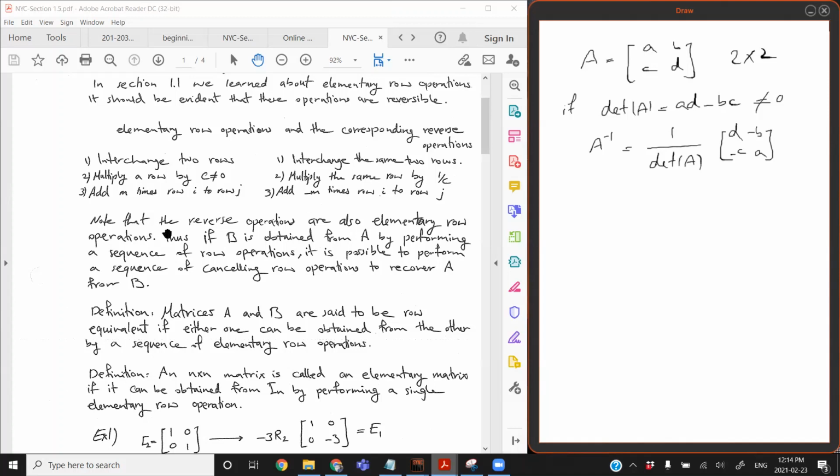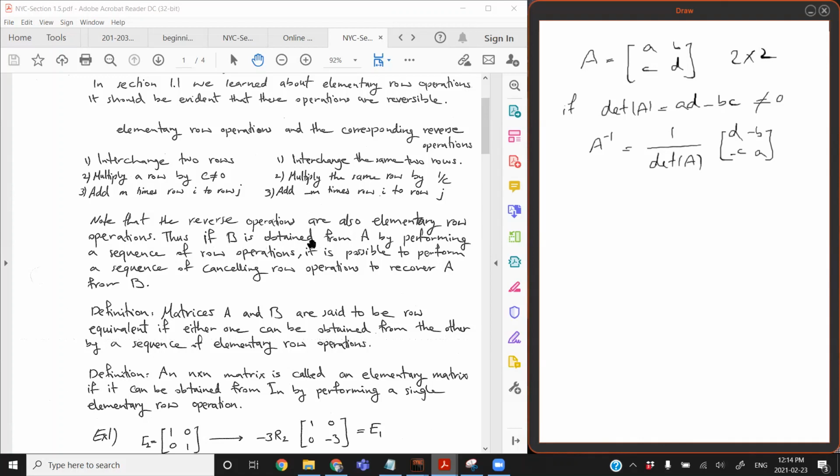So note that the reverse operations are also elementary row operations. And since every row operation is cancelable, you can always recover a matrix that you have done a series of row operations on by doing the reverse operations.